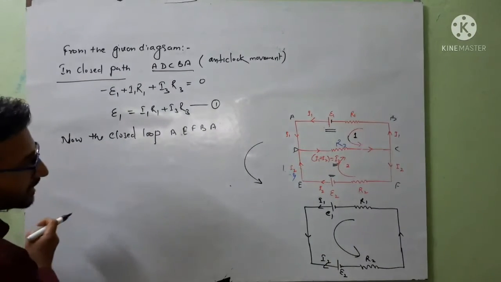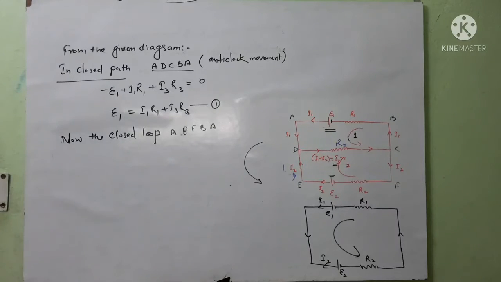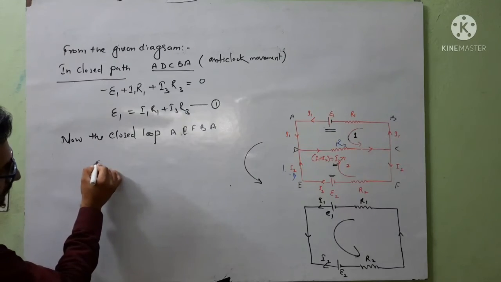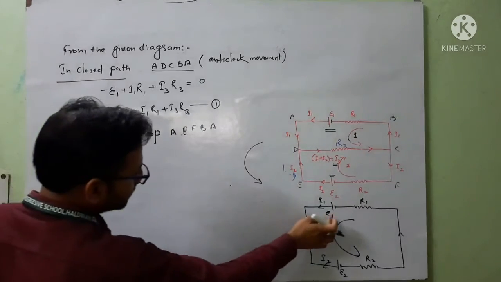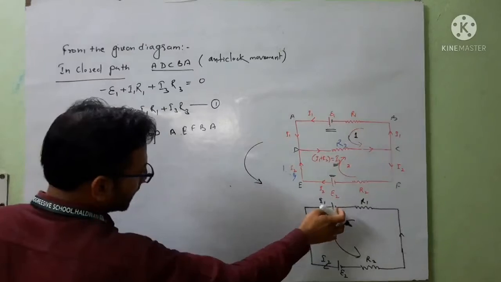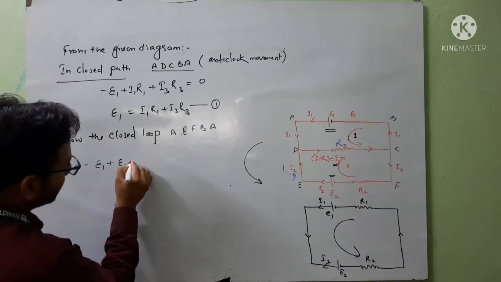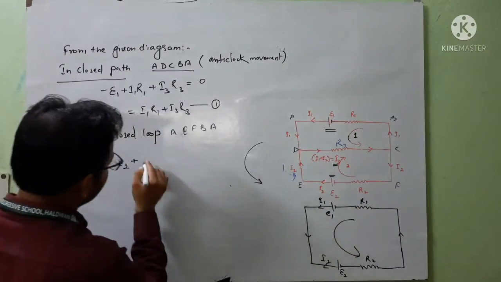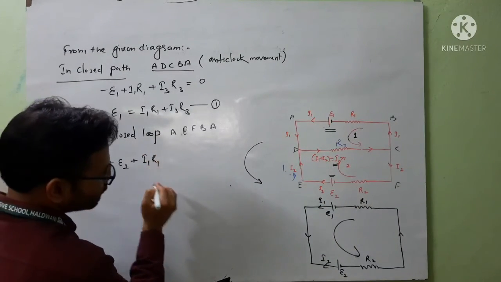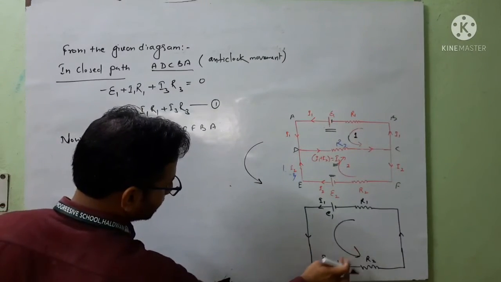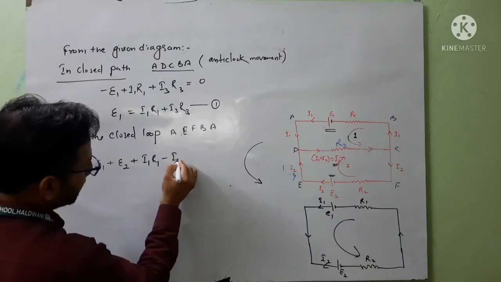For the second loop, we can see now, in this arm from the top, E1 will again be negative, because it is going from negative to positive terminal, and here it will be positive because it is going from positive to negative. Plus I1R1 is taken as positive, and I2R2 will be taken as negative, because the direction of movement is opposite to the direction of current.